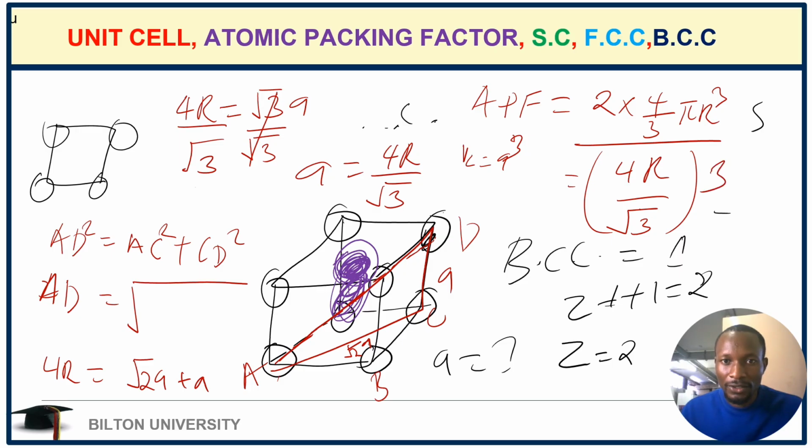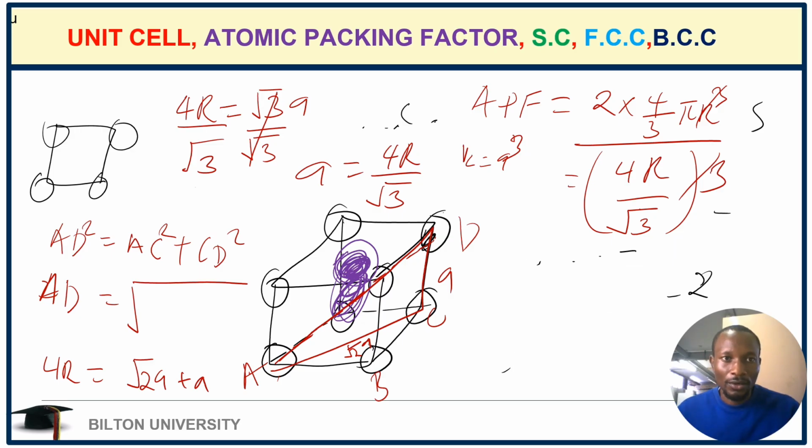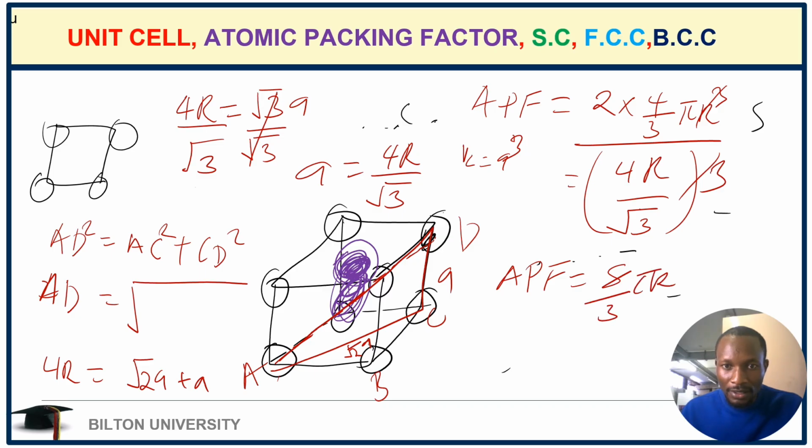So this R cube will cancel this R cube. So A.P.F is going to give us 8 over 3 pi R cube divided by 64 root 3 over 9 R cube. This R cube will cancel this R cube.